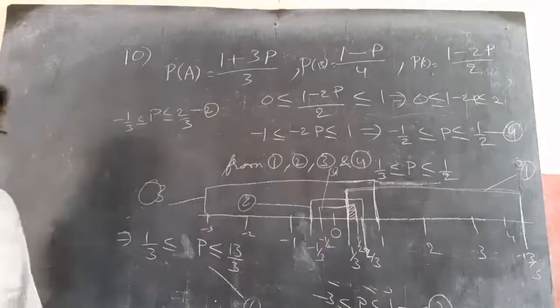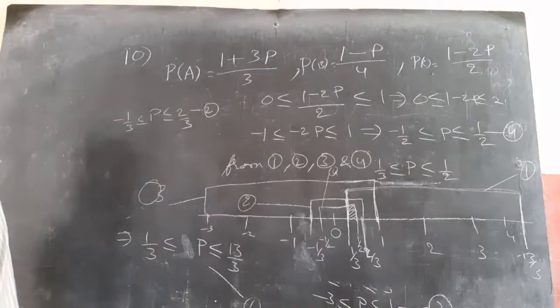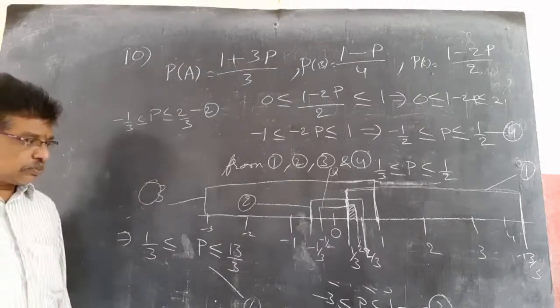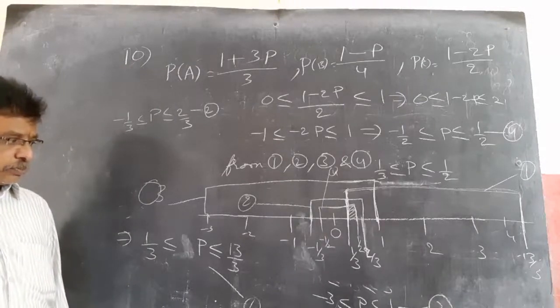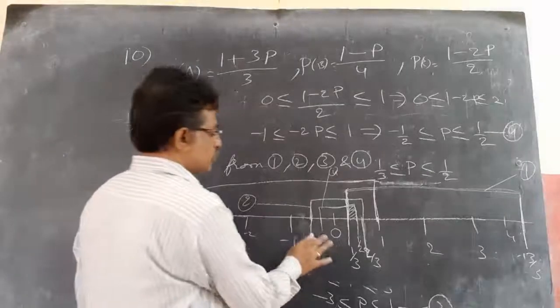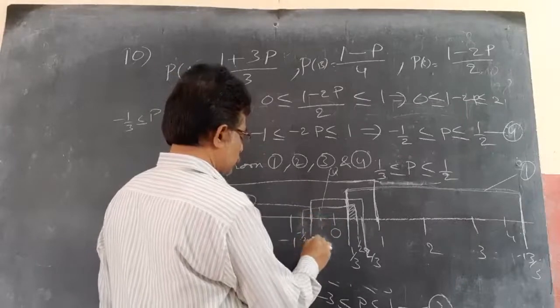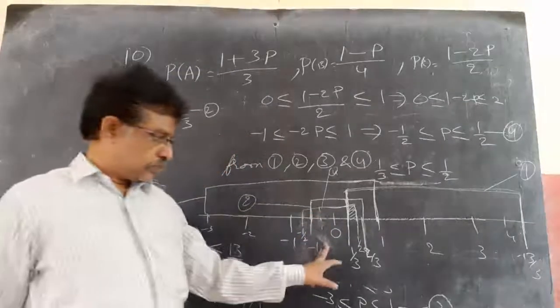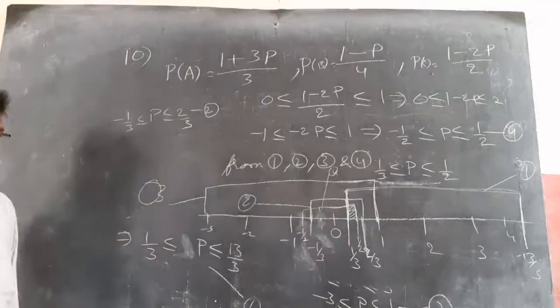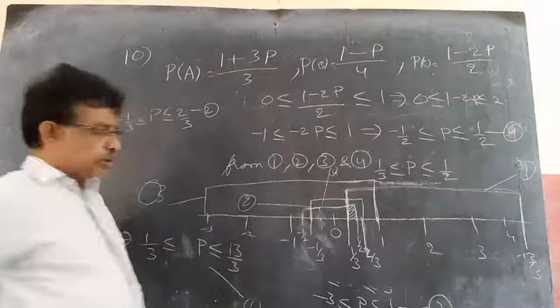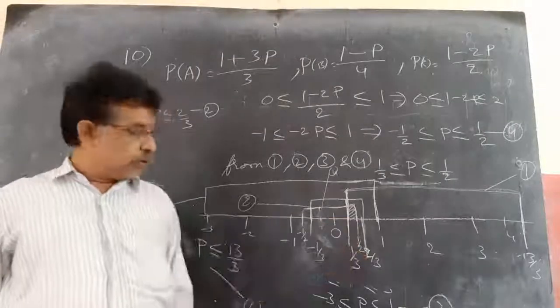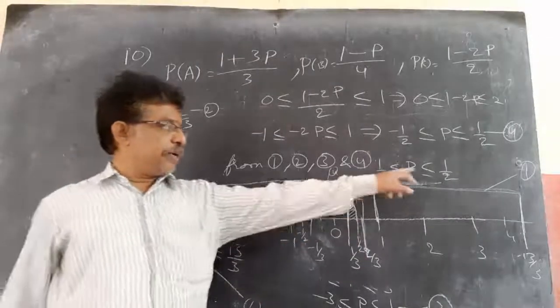So the common part is 1 by 3 to 1 by 2. Therefore, P lies between 1 by 3 to 1 by 2.